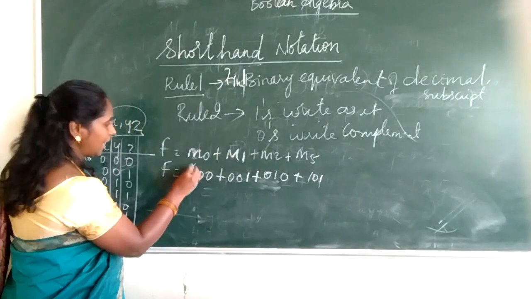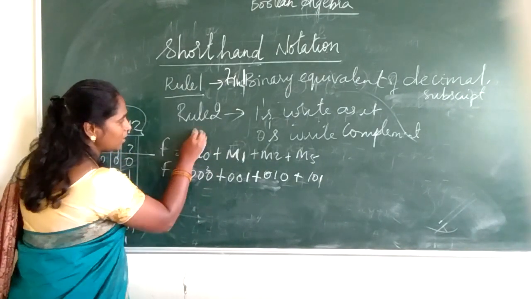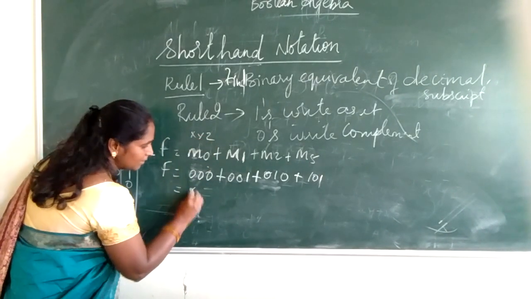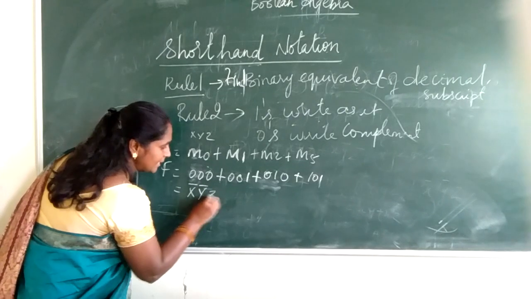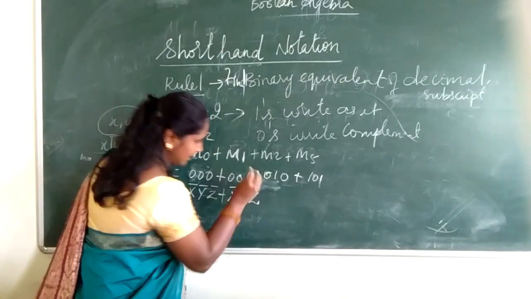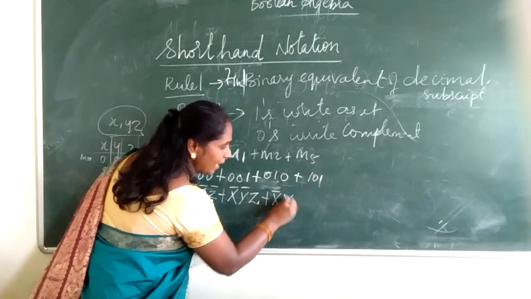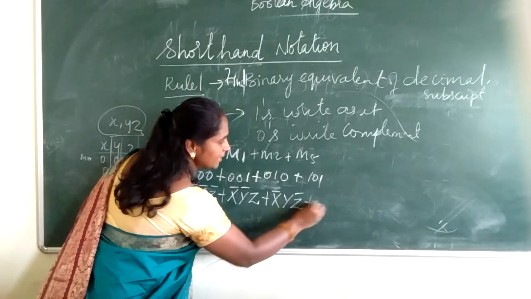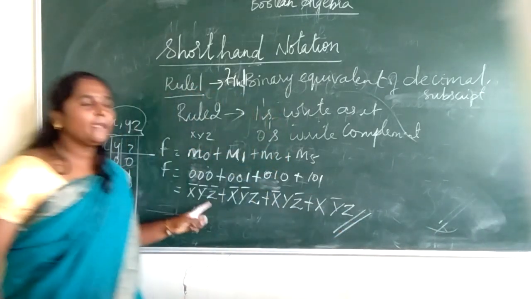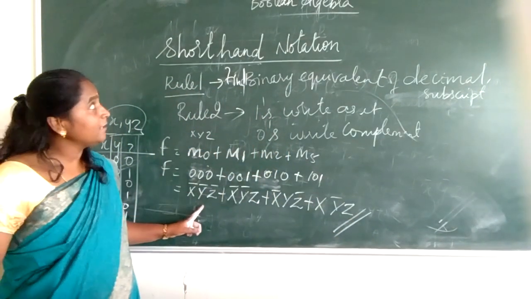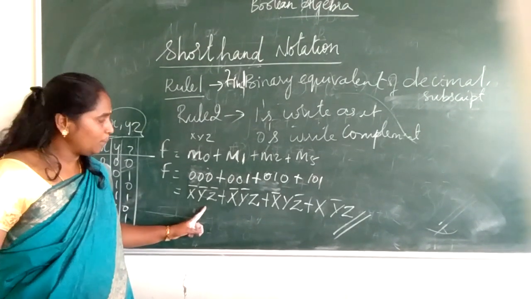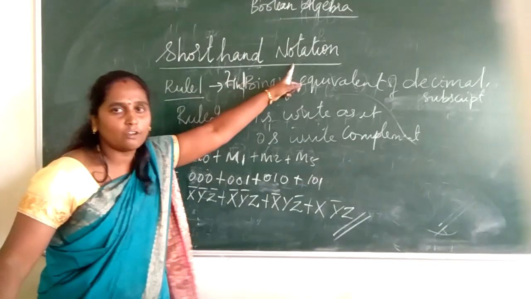This is nothing but x y z. So for 0, everything is barred: x bar, y bar, z bar. Then x bar, y bar, z as it is. Next x bar, y as it is, z bar, plus x as it is, y bar, z. So this is my Boolean, or my canonical expression of SOP using the shorthand notation of SOP.